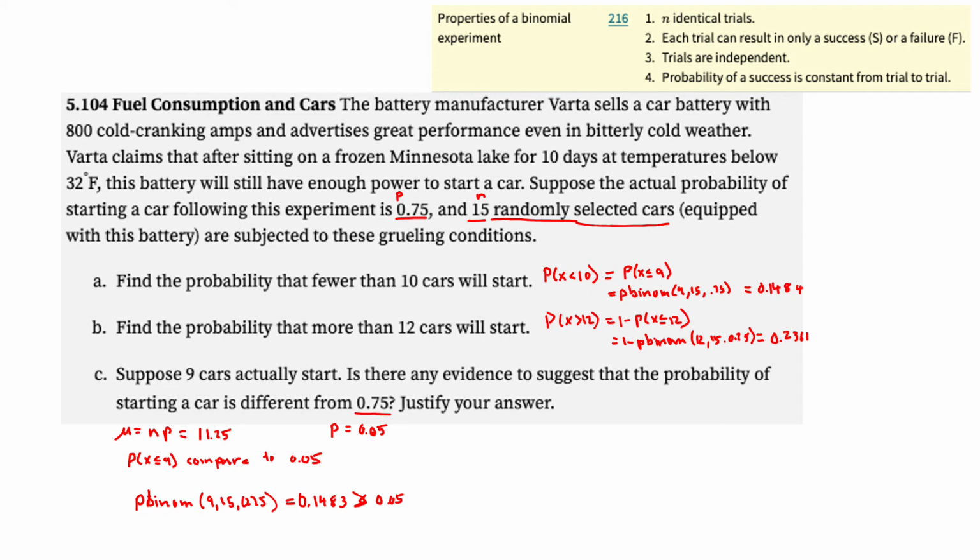However, if we saw something like a value of 14 cars, then since 14 is higher than this mean, we would do 1 minus p-binom for 14. This would actually give us the value for 15 cars. So sorry, I said that incorrectly.